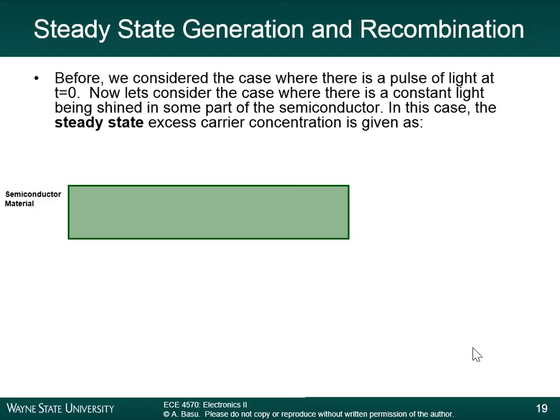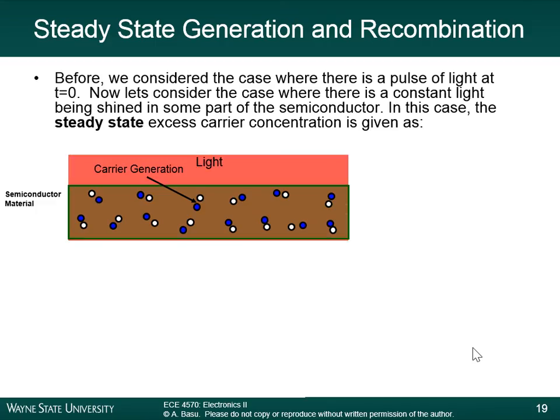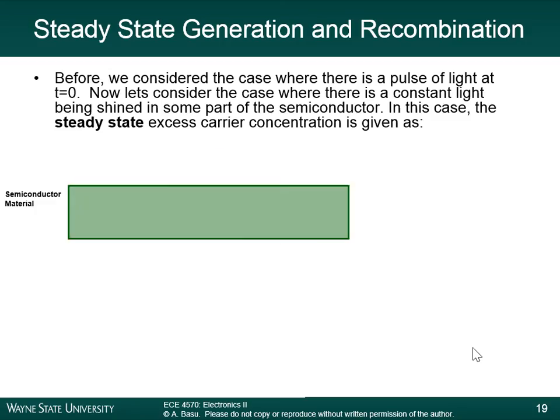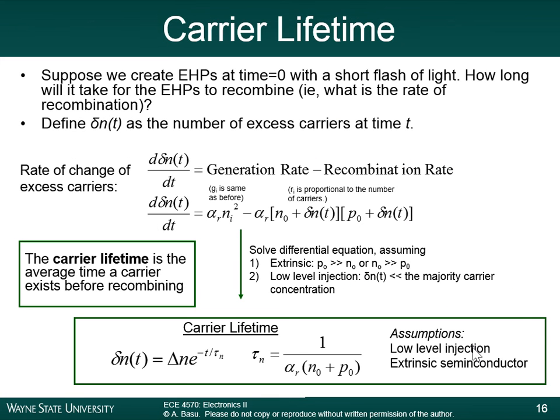But when you shine light on the material, you're creating excess electrons and holes. That's what I'm showing here in this picture. That's what we call excess carriers. That's why this module is called excess carriers. We can generate excess carriers by applying light to the material. In fact, this is the basis for solar cells. So sigma n of t is the number of excess carriers in the material at time t.